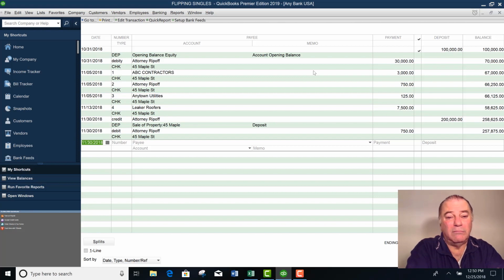If you're doing 40 flips a year, maybe you pare it down a little bit so that your statements, at least your class statements, are not so cumbersome. Your other ones probably won't be, but your class statement might be a little cumbersome, so you pare it down. You don't add so many classes to it.